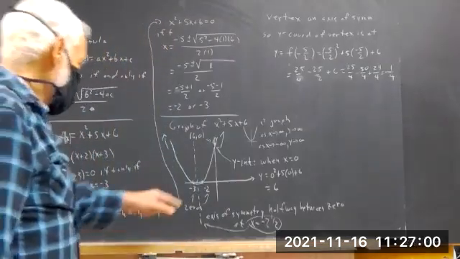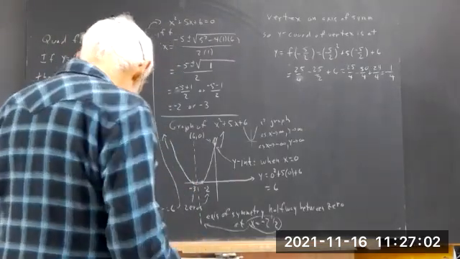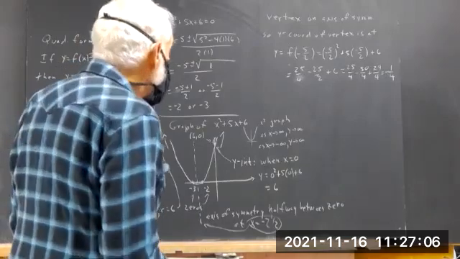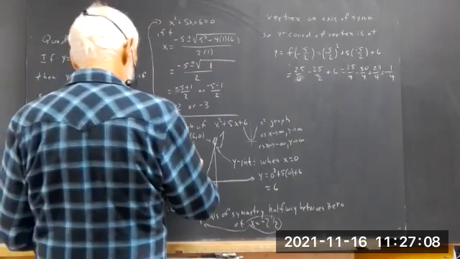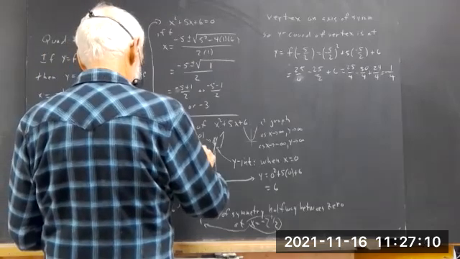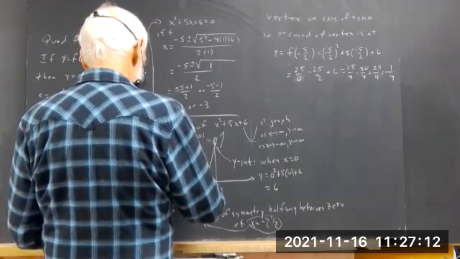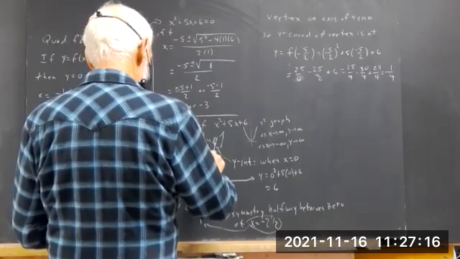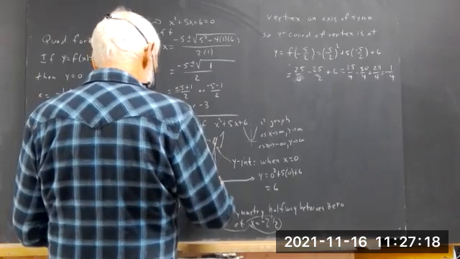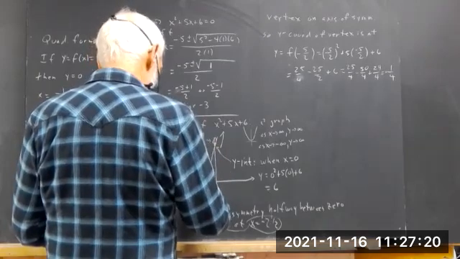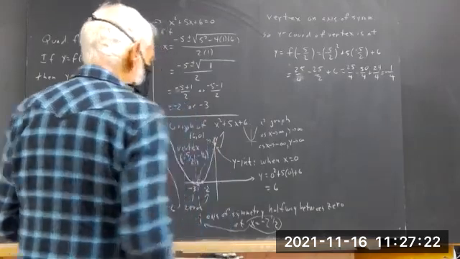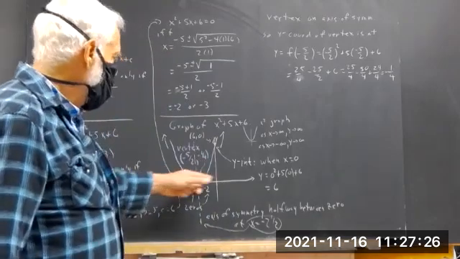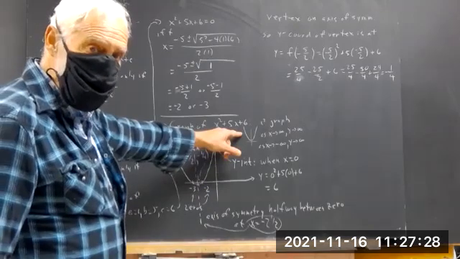Okay, well, now we know that the vertex of this thing is right here, the low point, which tells us, among other things, that this could be obtained from the basic squaring graph.